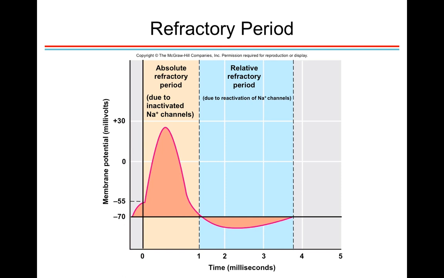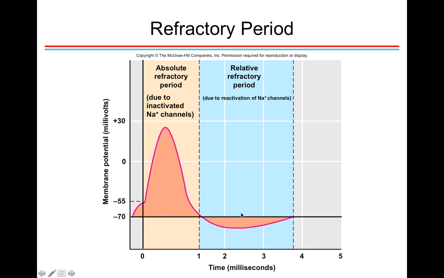So at this period, it's more difficult for a stimulus to trigger an action potential, because let's say here the stimulus is able to increase the membrane potential by 15 millivolts, right? So it went from negative 70 to negative 55. So here, if we're down at negative 80 and it went up by 15, it would go to negative 65.